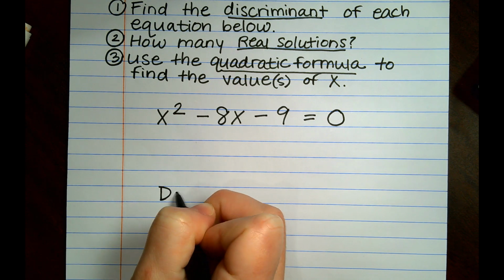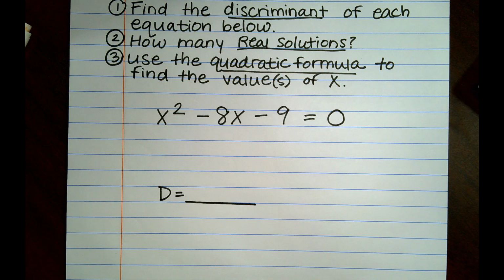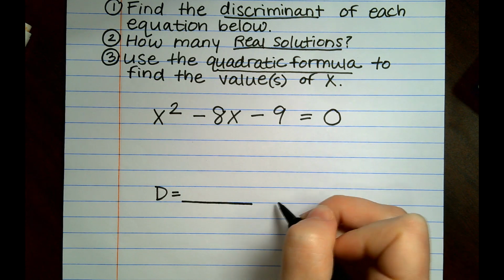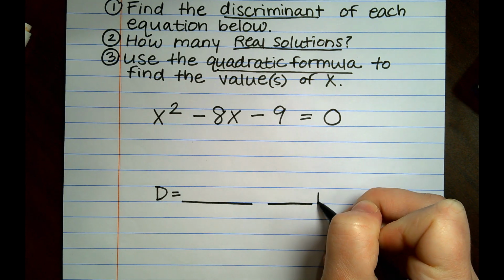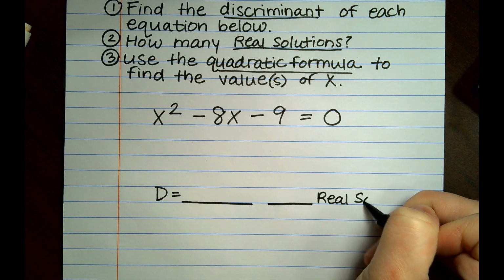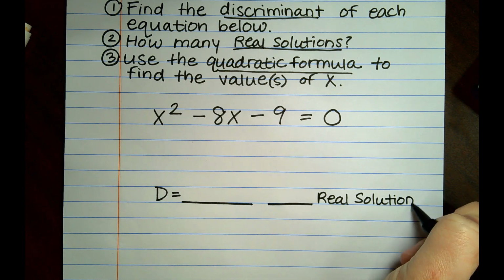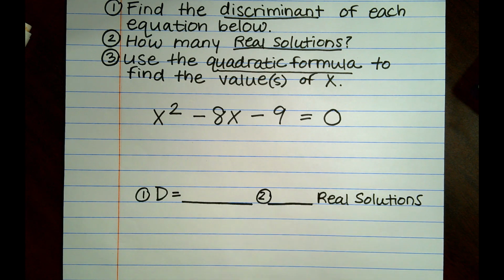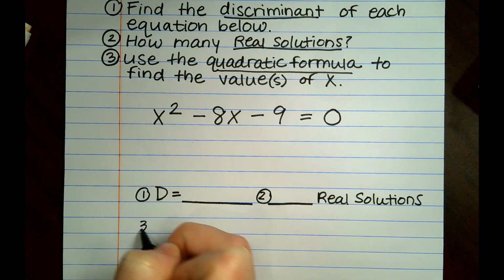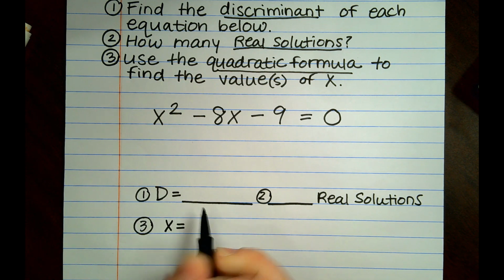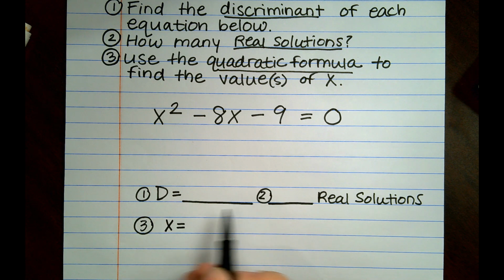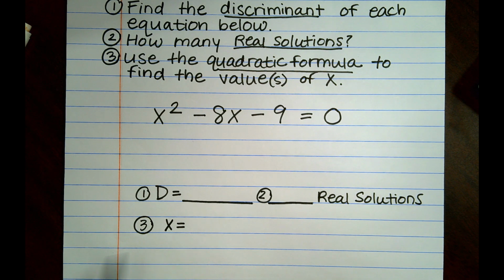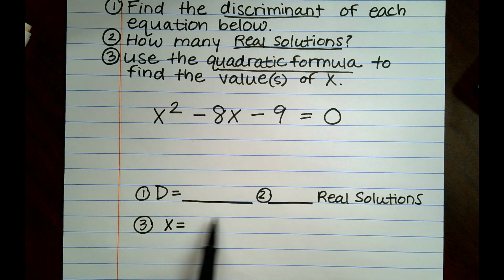And I'll leave you a space for each. D equals blank. There are this many real solutions. So there is 1, there is 2, and 3. X equals, and there should be, depending on your discriminant, either 1 x value, 2 x values, or no x values. If there's no x values, you'll just say no real solutions, and you don't have to answer 3.